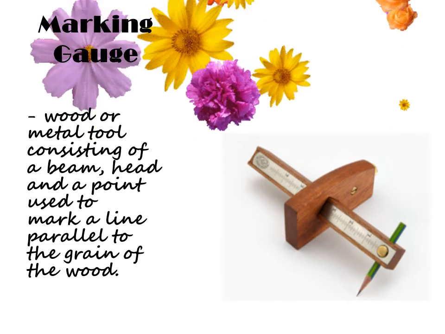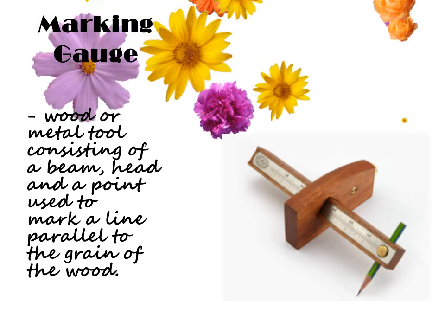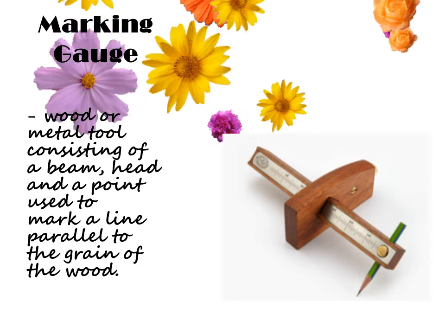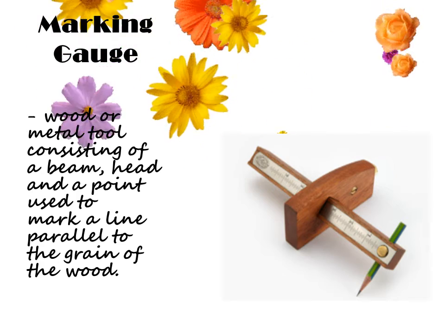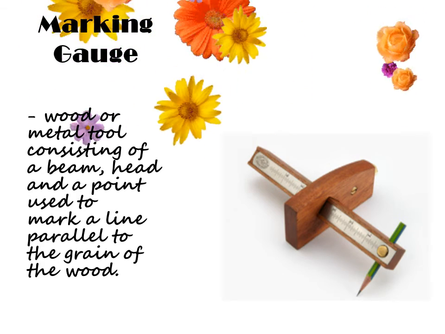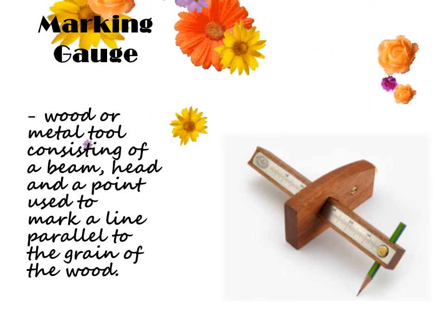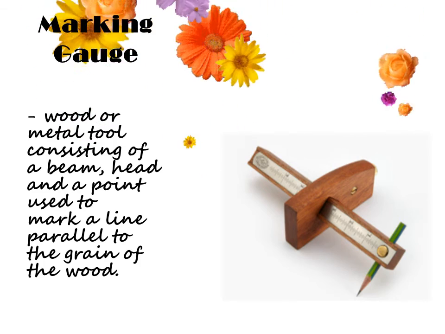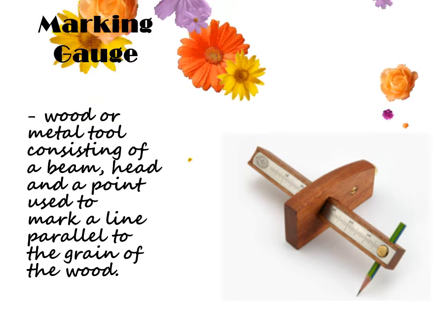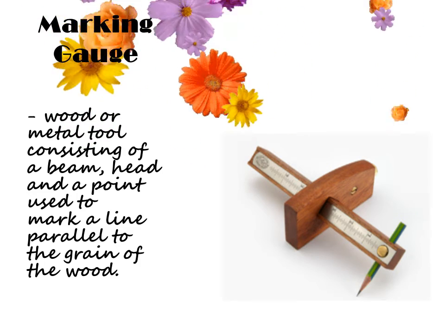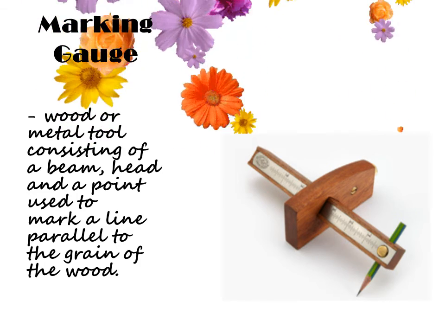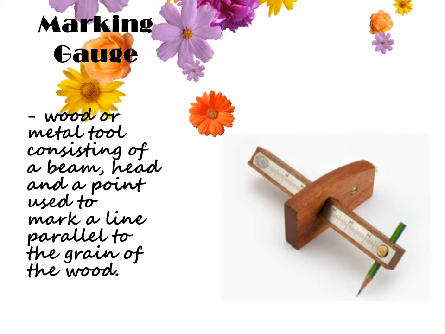This is an example of a marking gauge. The metal ruler here is what we call the beam. The slanting part looks like a head. And the point used to mark is the pencil.